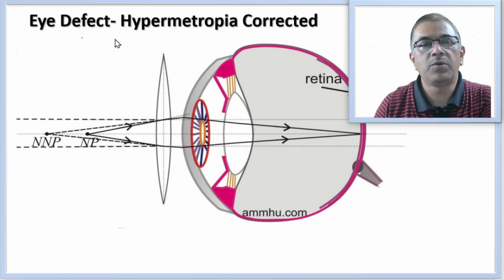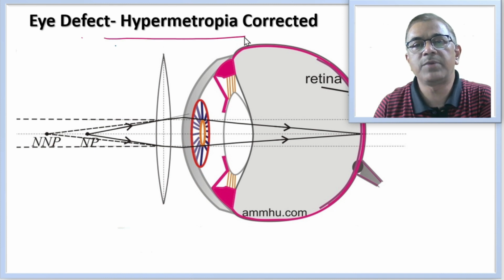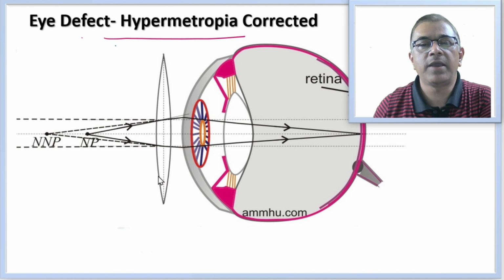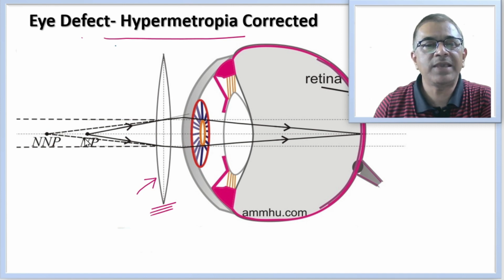Let us see how the eye defect hypermetropia can be corrected. Hypermetropia can be corrected by choosing a convex lens of appropriate focal length. What this convex lens does is make the image of an object at a place where the person can see.